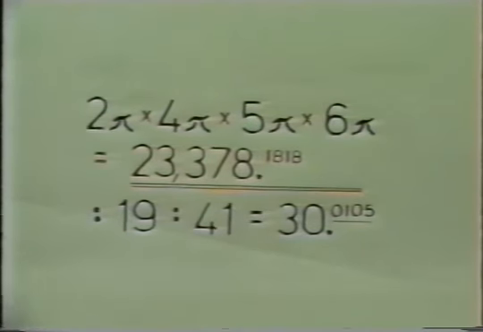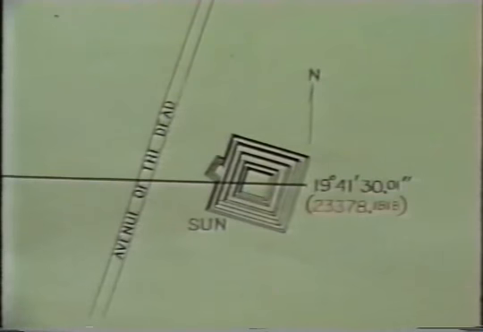In these we find unquestionable meaning, because at 19 degrees, 41 minutes, and 30.0105 seconds, in the language of mapping, it is precisely where the Sun Pyramid situates on our maps. 19 degrees, 41 minutes, 30.0105 seconds north of the equator.